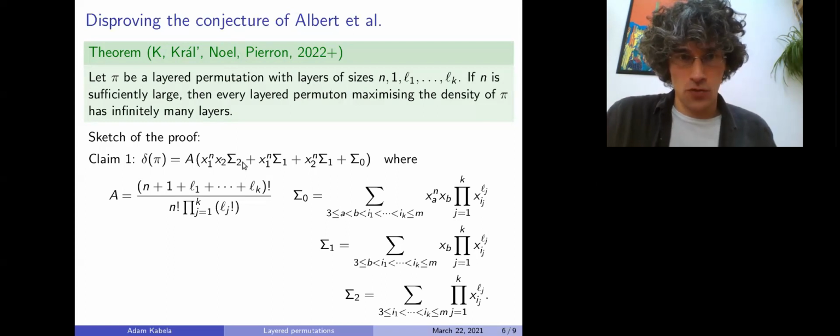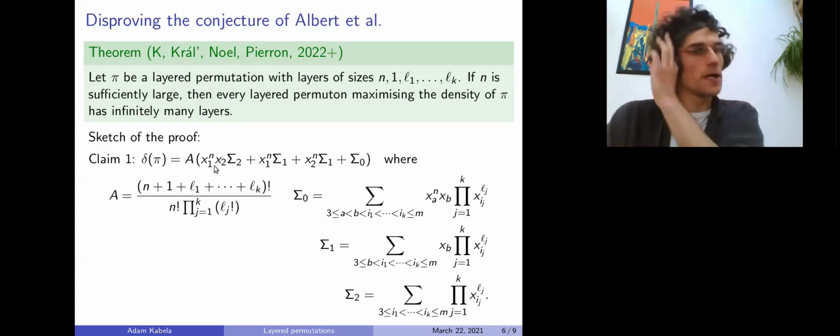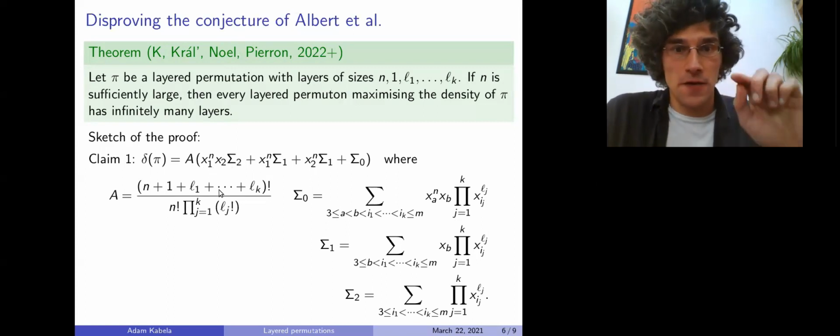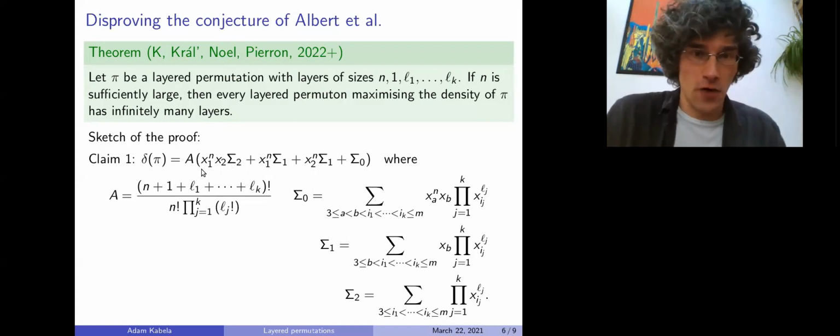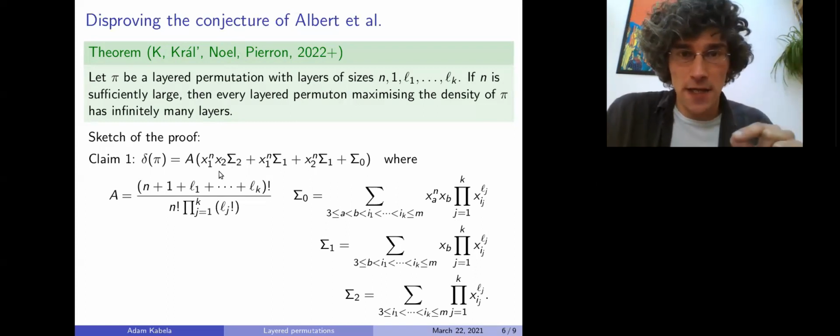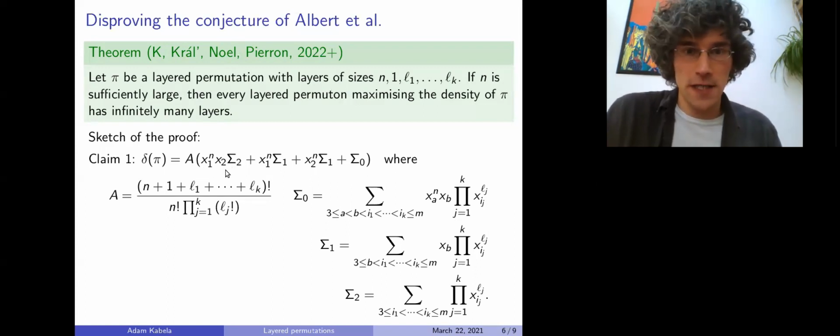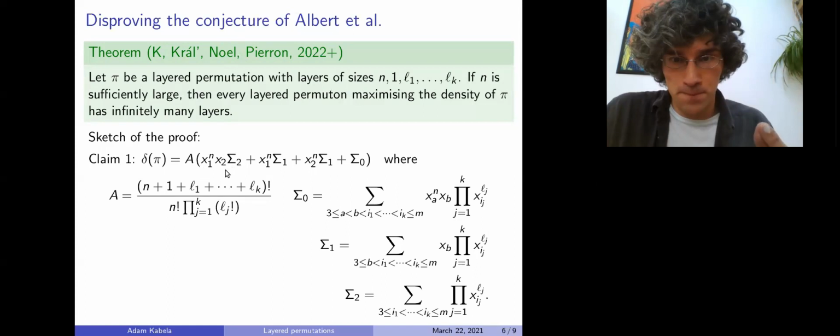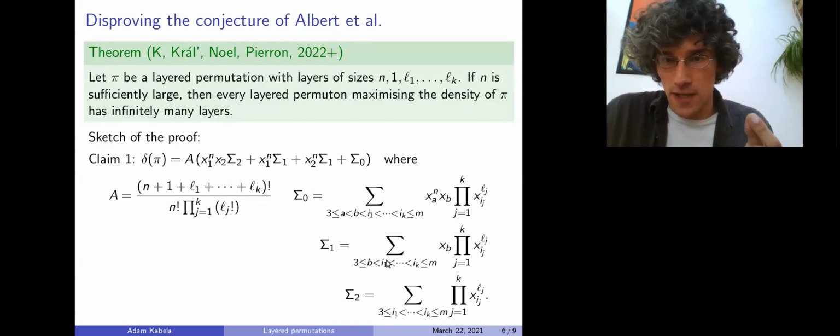So this part concerns a scenario in which the first layer of the pattern is sampled from the first layer of the maximizer, and the second layer of the pattern is sampled from the second layer of the maximizer, and the rest is sampled. The sampling of the rest is encaptured by this sample.